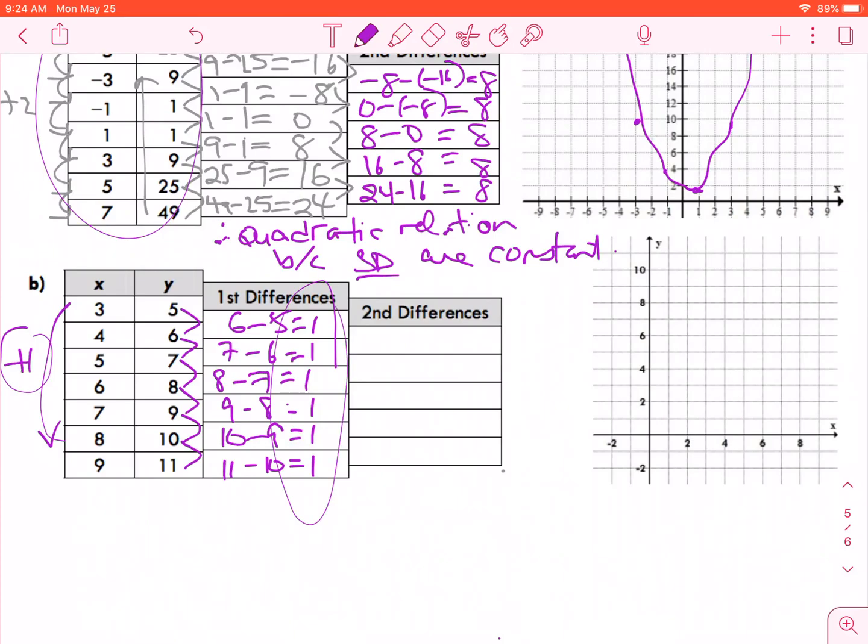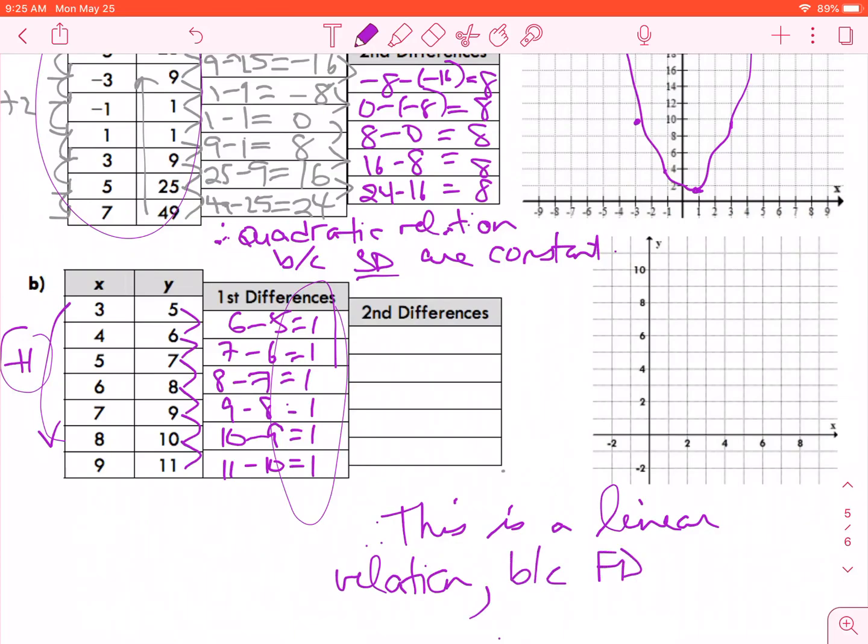Okay, so therefore, this is a linear relation because your first differences are constant. Okay?